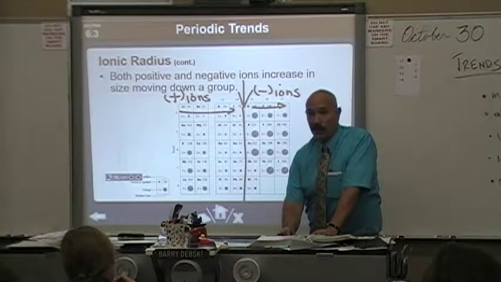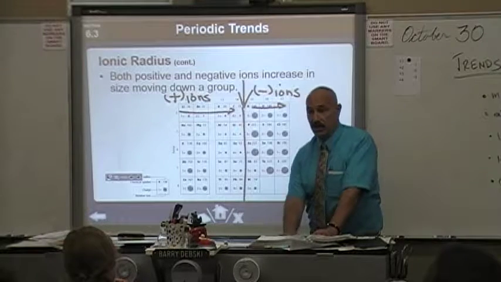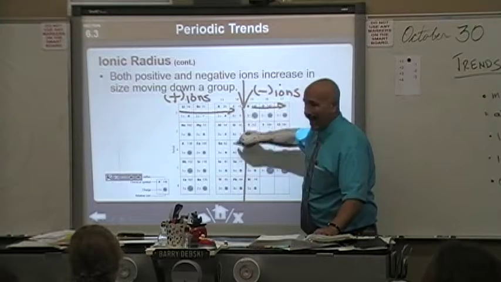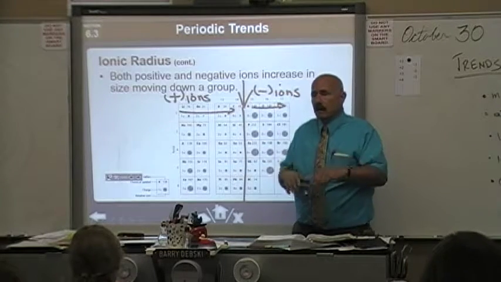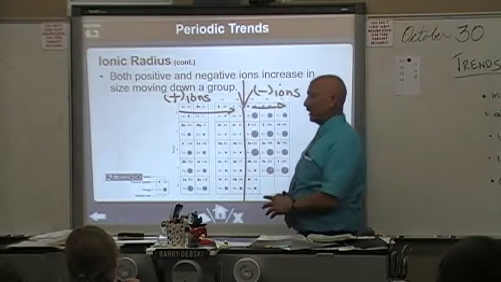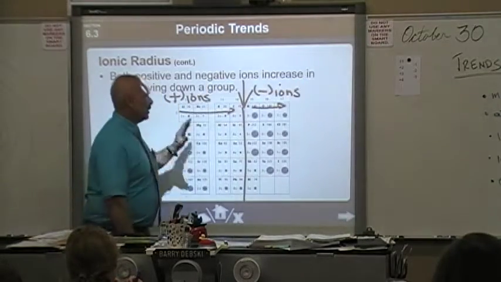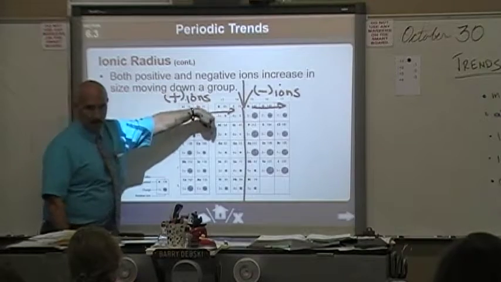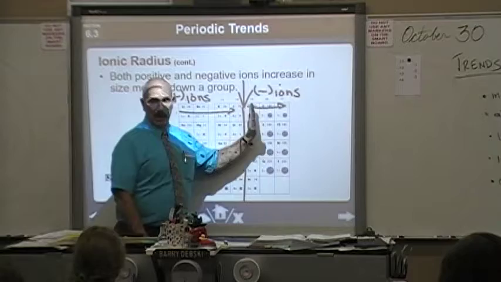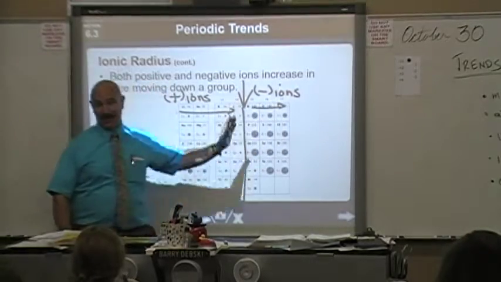They're not going to form ions, they're going to share electrons instead of giving away and gaining electrons. So don't worry about these guys. Just wait, we'll get to it in a couple weeks. But you did need to know +1, +2, +3, group 1, 2, and 13, and -1, -2, -3, group 17, 16, and 15.